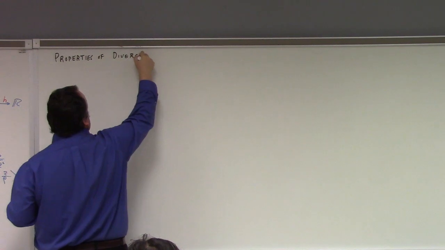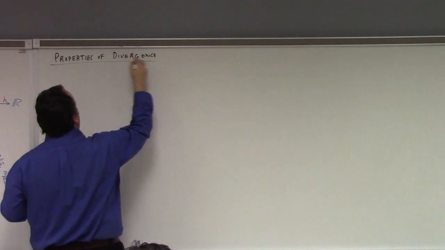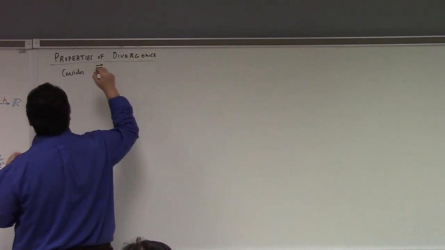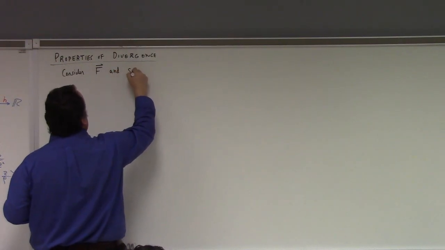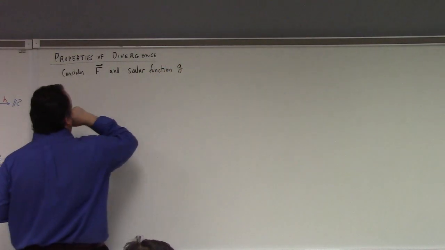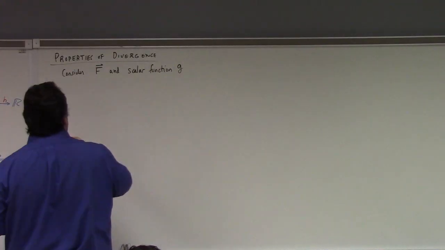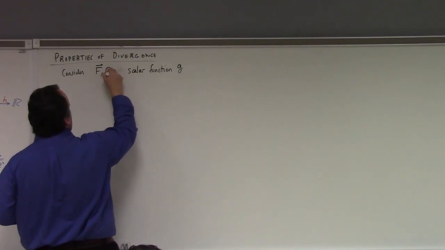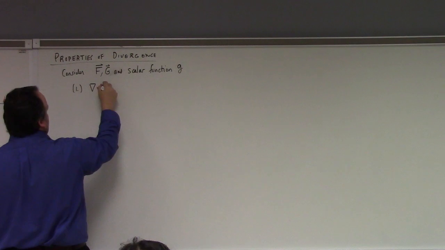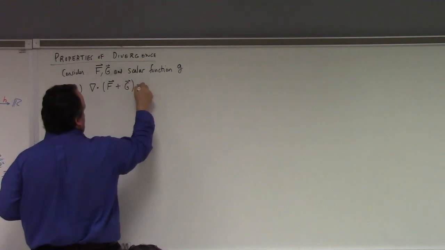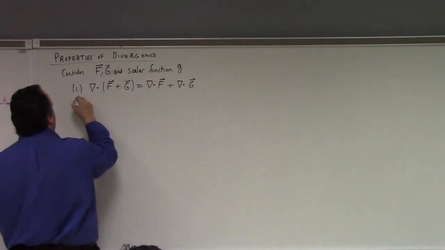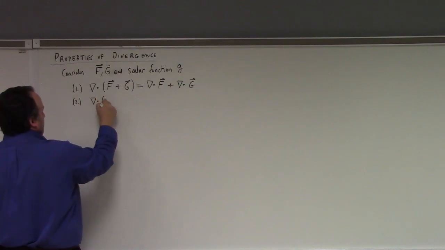In order to do that, let's consider a vector field F and a scalar function G. And also, we'll consider a vector field G. So first of all, number one, the divergence of F plus G is the sum of the divergence of F and the divergence of G. Number two, what if you've got a constant times your vector field?